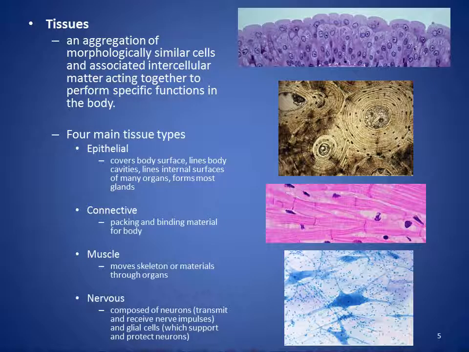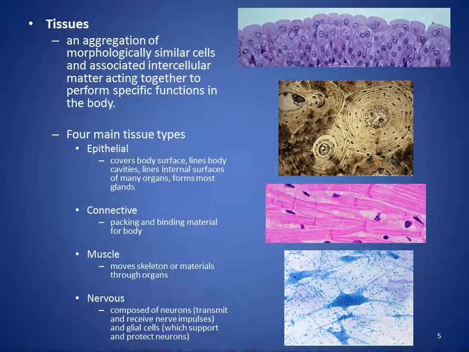Again, a tissue consists of a group of similar cells that come together to form specific functions in the body. And there are 4 main types of tissues within human organisms. This includes epithelial tissue, and epithelial tissues cover the surface of the body or line body cavities. They also form important organs and glands.